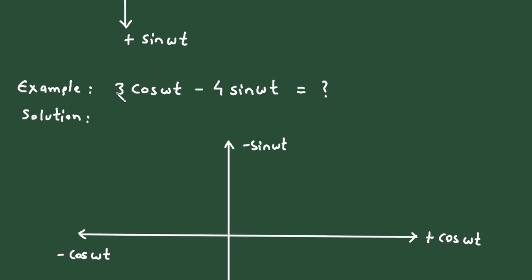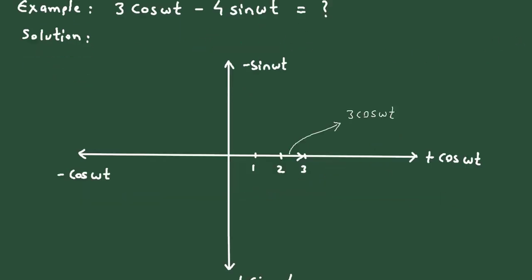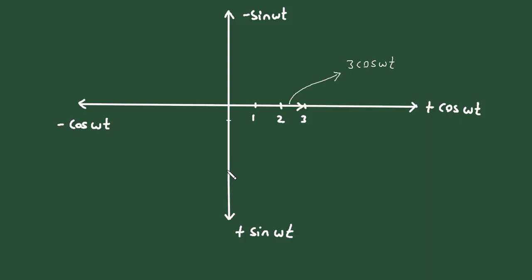So first we want to draw 3 cos omega t. So it is positive. So let's say this is 1, 2 and this is 3. So this is 3. Here we can write this is 3 cos omega t, then minus 4 sin omega t. So in this direction it is positive 1, 2 and 3.